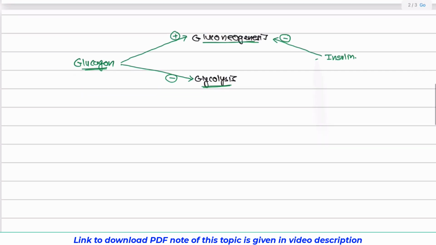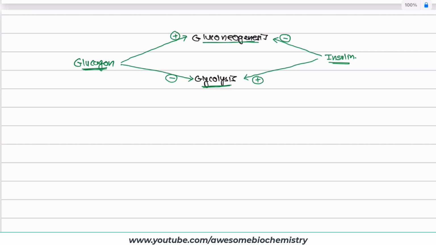So insulin stimulates glycolysis. So the presence of glucagon and insulin determines whether glucose will be broken down or new glucose will be synthesized. So this is such a beautiful balance which indicates metabolic coordination at its finest point.